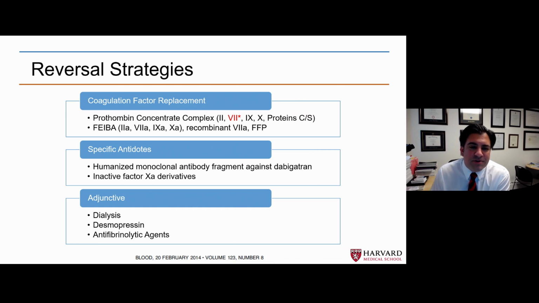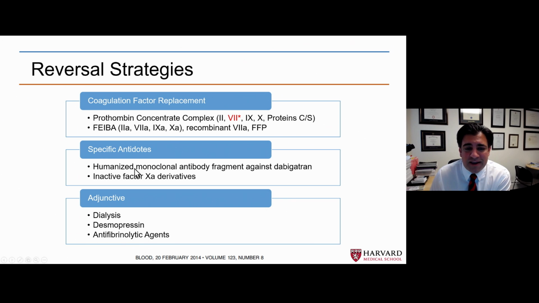In terms of reversal, we've become more comfortable with many of the options. We can give PCCs that have varying degrees of proteins in them. There's activated PCCs as well, recombinant factor 7A. FFP is listed, but generally doesn't have the same efficacy as some of these other strategies.